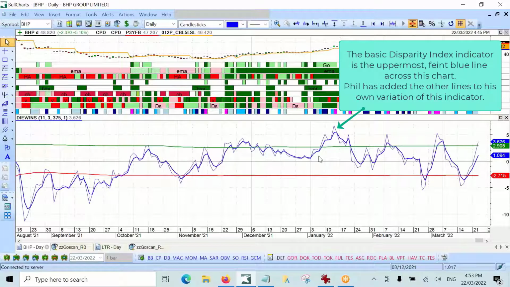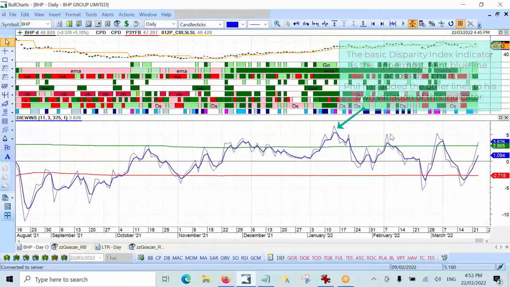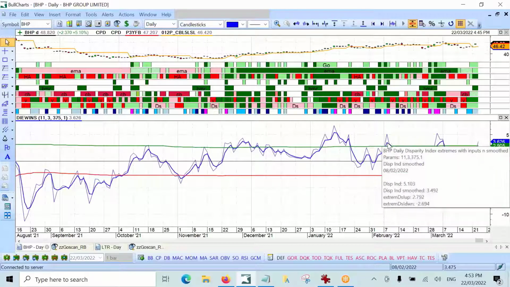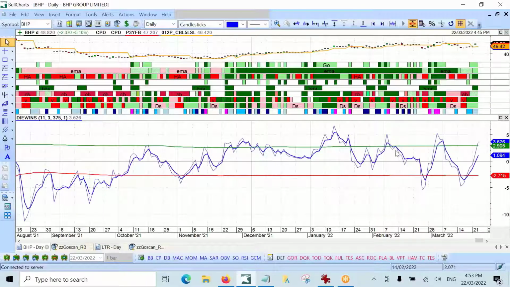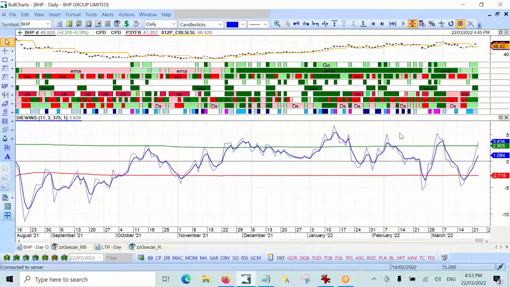And I like to see, as I said, to be included in this Go score, the actual 11-day DSI moving above the 3-day smooth version of that. And when it drops below, I think maybe the momentum's losing it a little bit.